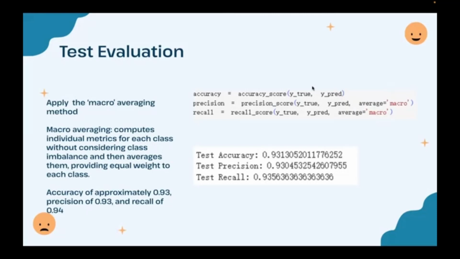Despite potential class imbalances, the results have been remarkable, with a test accuracy of approximately 0.93 and precision and recall both closely aligned at roughly 0.93 and 0.94. This comprehensive approach to our model's testing and evaluation phases underscores the accuracy and reliability of our sentiment analysis tool.